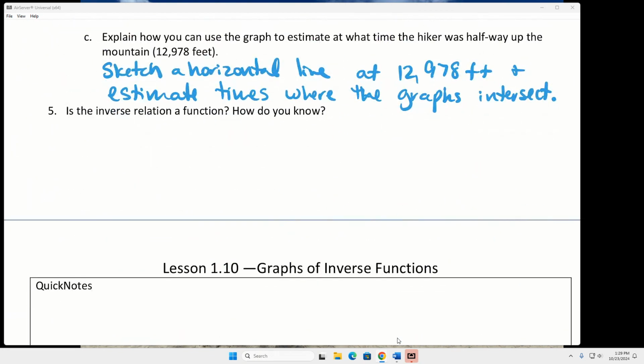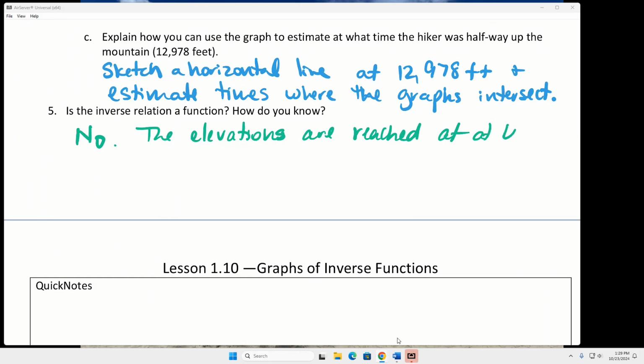Yeah. So this would be no. The elevations are reached at least twice.